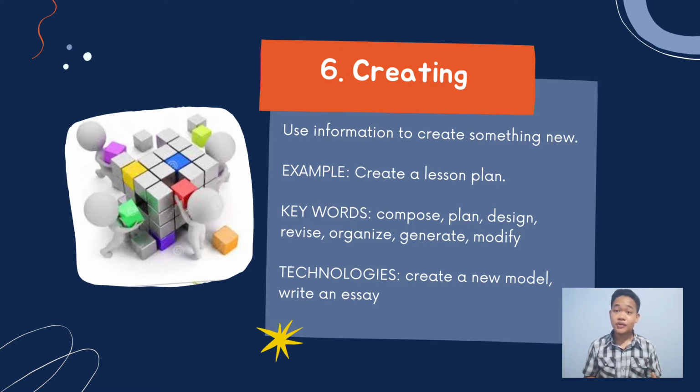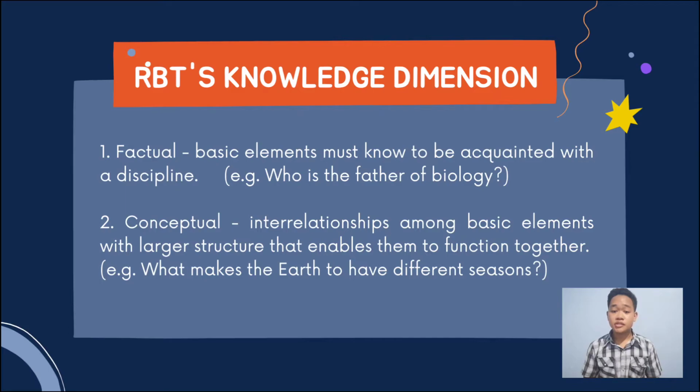Because here we are giving importance to small information, because we believe here that once this information combines, it can create something new, unique, material, or concept. Okay? Now we're here on knowledge dimension. So it is one of the two dimensions of the revised Bloom's taxonomy, the type of knowledge.